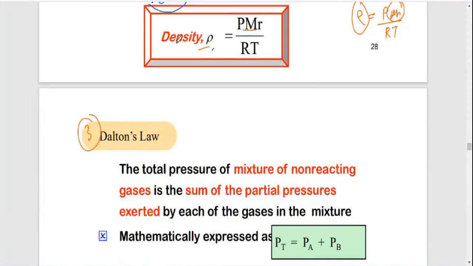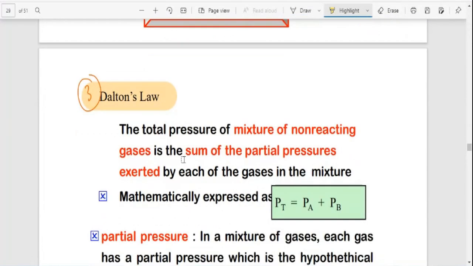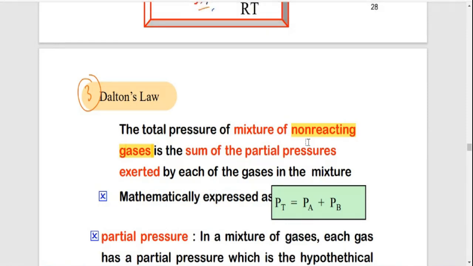The definition of Dalton's law is the total pressure of a mixture of non-reacting gases. Walaupun dalam satu ruangan ada banyak gas, contohnya hydrogen gas, helium gas, carbon dioxide, apa jenis gas, but all of these are non-reacting gases. Maksud dia stand alone, dia campur tapi tak chemical mix.